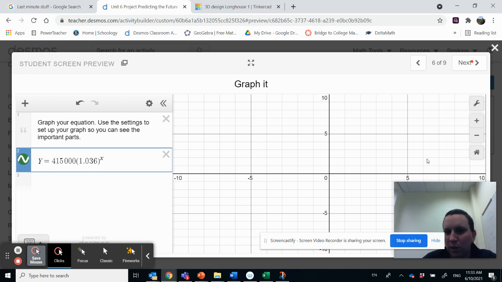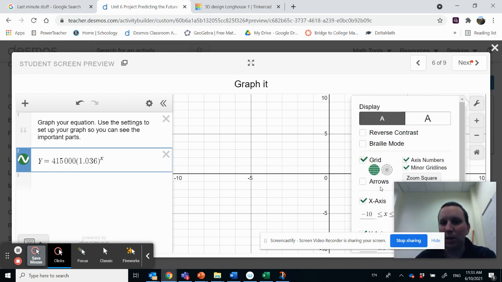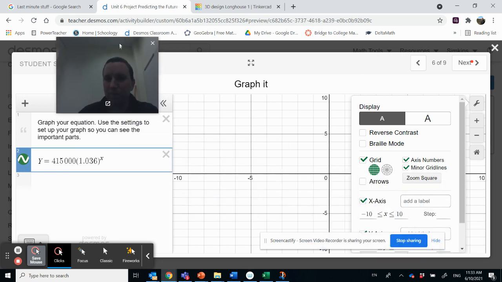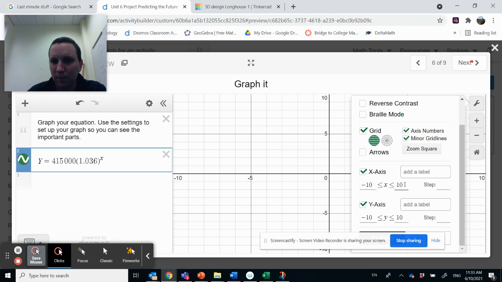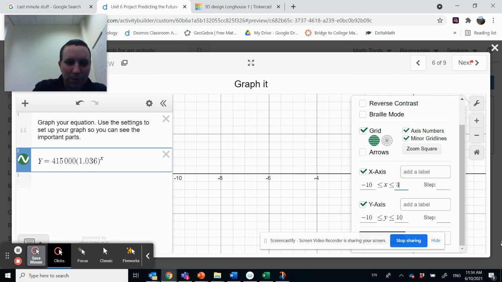Notice that my graph isn't showing up yet. So now I'm going to do a process of guessing and checking to find out where my graph is. And remember, I'm looking 30 years into the future. Year 0 on this graph is 2020. I want to find out what the house is worth in 2050. So since I'm looking 30 years into the future, I want my x-axis to go a little bit over 30.